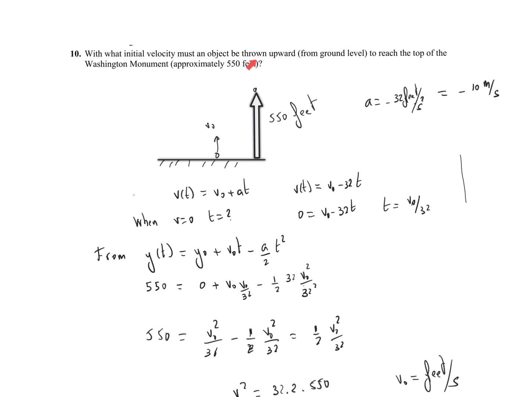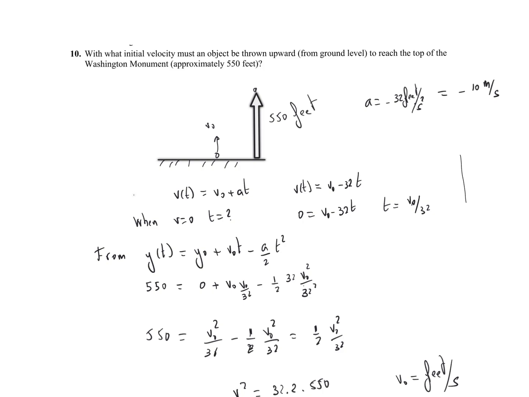So it says you throw upwards a body with an unknown initial velocity, and it has to arrive at 550 feet. What is the velocity that makes it possible to arrive at least at 550 feet? When it arrives, the velocity at 550 feet will be 0.